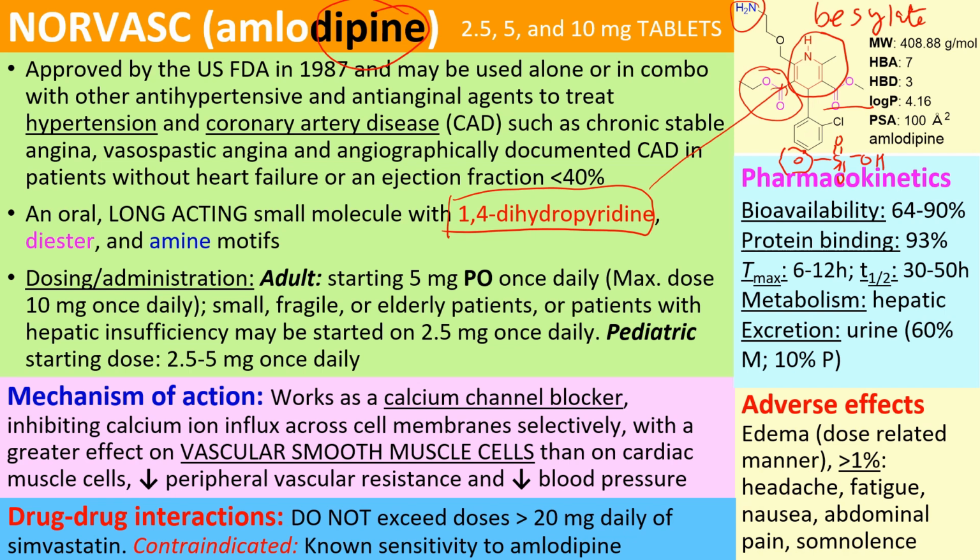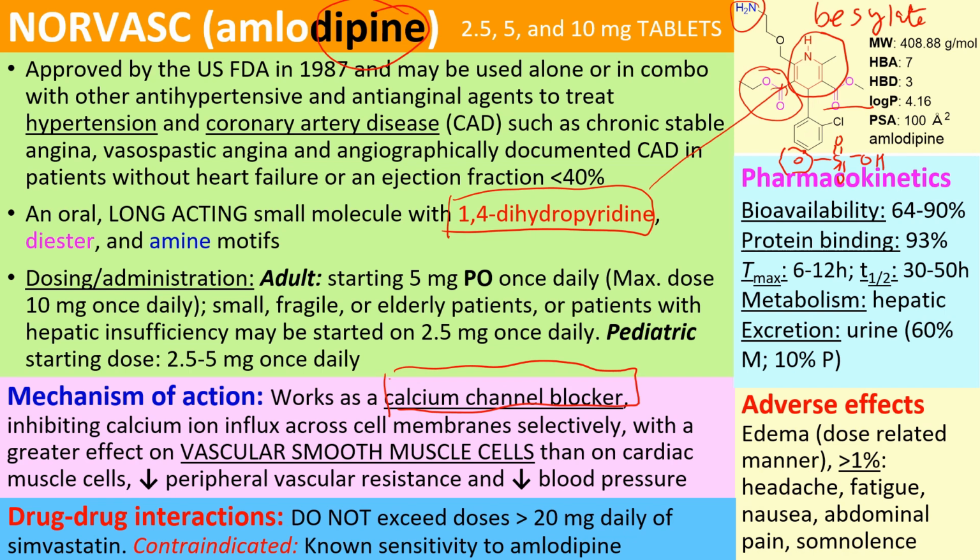Mechanistically, this medication works as a calcium channel blocker. That's the DHP class, the dipine, the calcium channel blocker, inhibiting the calcium ion influx across the cell membrane selectively, with a greater effect on vascular smooth muscle cells compared to cardiac muscle cells.